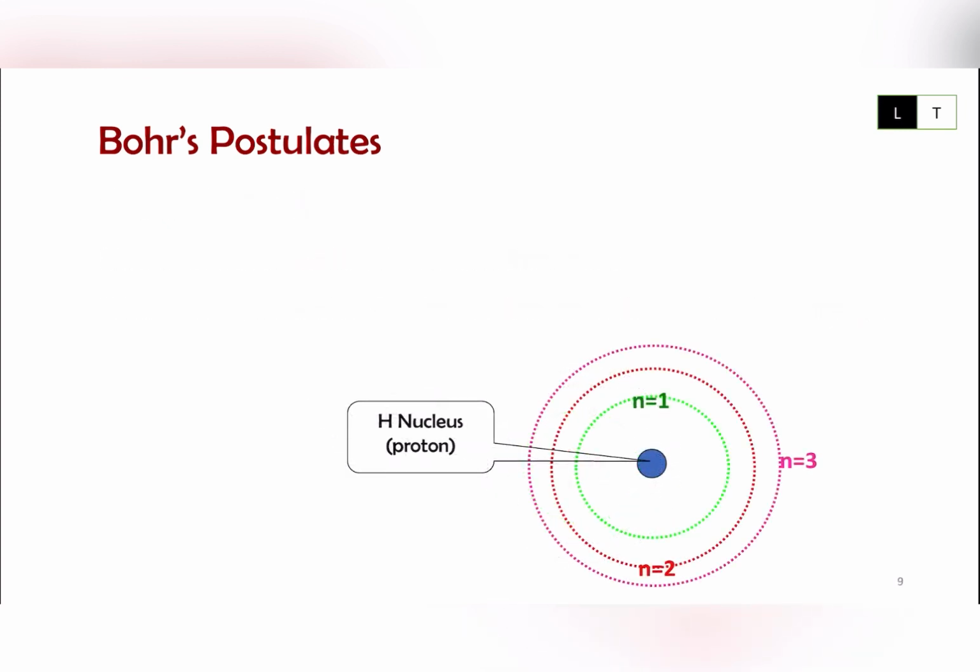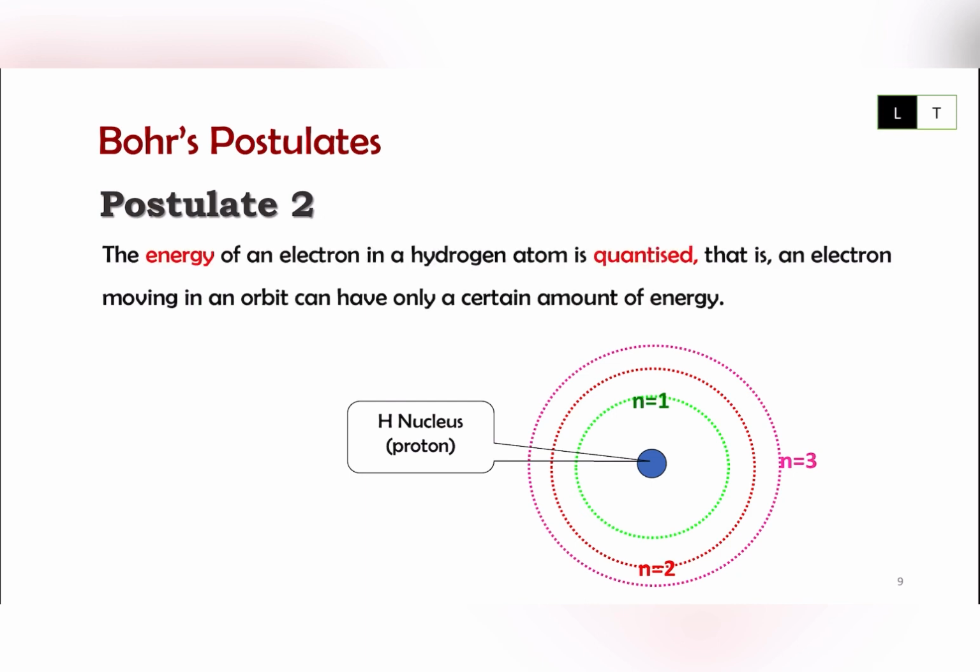And it goes to the second postulate, where the energy of an electron in a hydrogen atom is quantized. Quantized means it has a discrete value. So that's why an electron moving in a specific orbit can have only a certain amount of energy. It also means that the electron has certain energy levels.